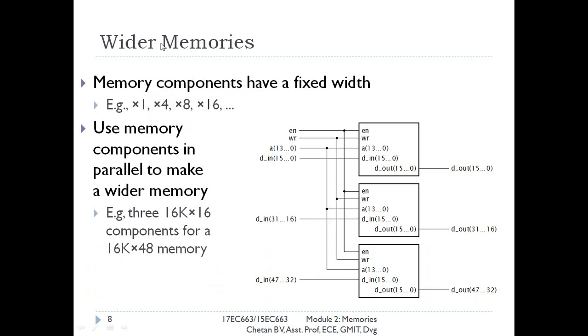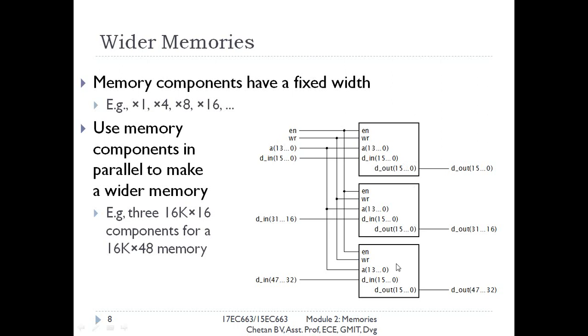The next concept is wider memories, which means increasing the size of individual locations. To achieve a wider size per location, we have to combine individual memory components in parallel as shown in this diagram.